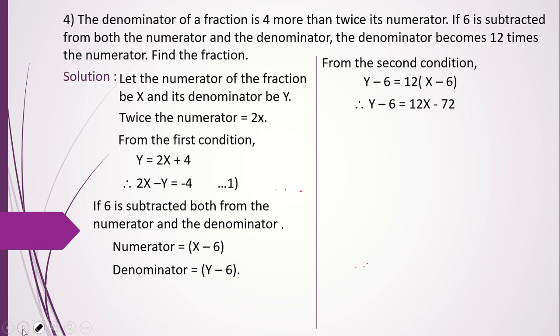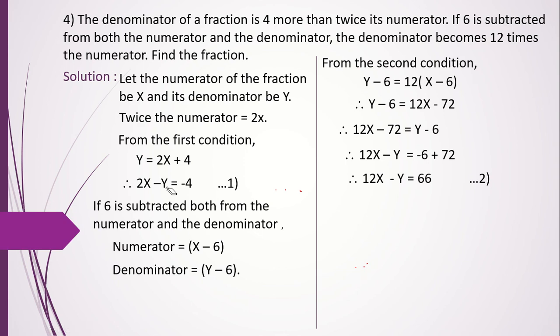So we solve inside, we try to rearrange the terms, and we get 12x minus y is equal to 66 as my second equation. This is my first equation. Now we will subtract equation 1 from 2, because here we have bigger numbers.